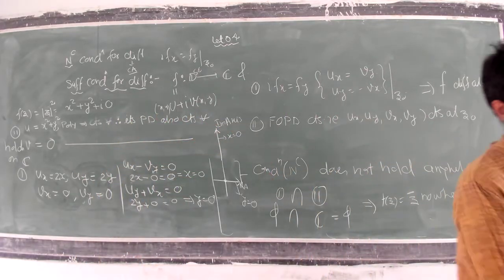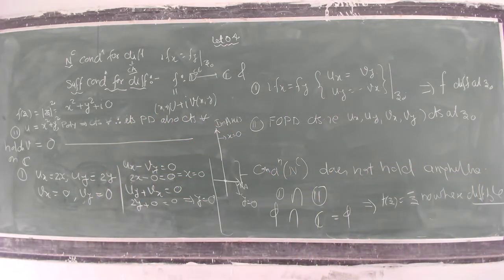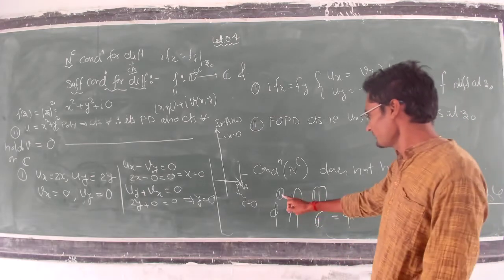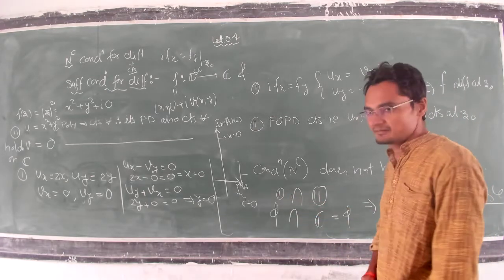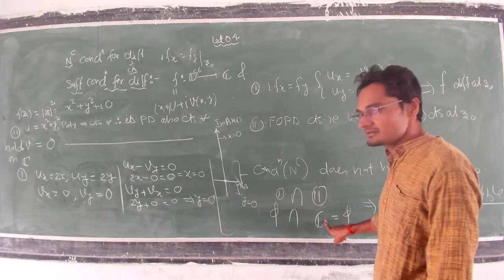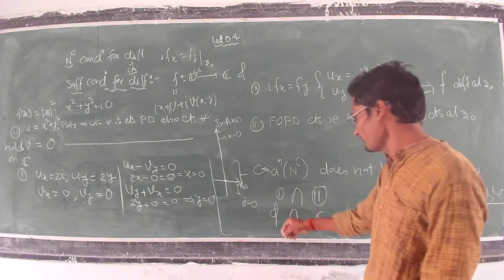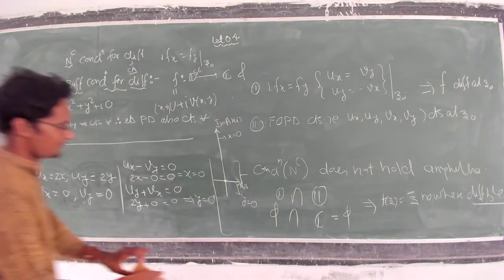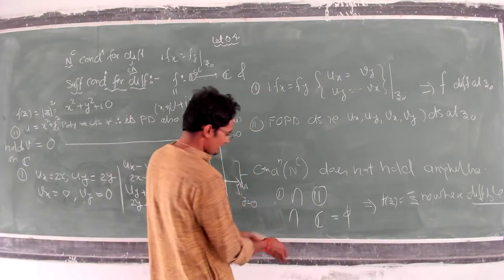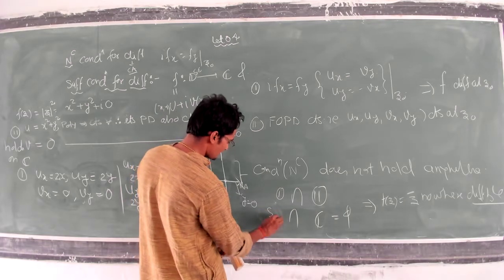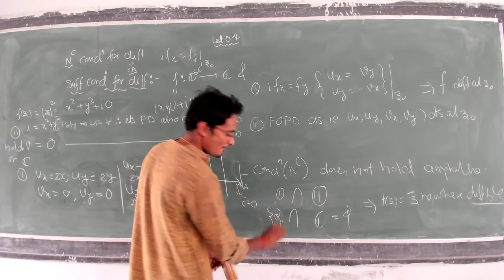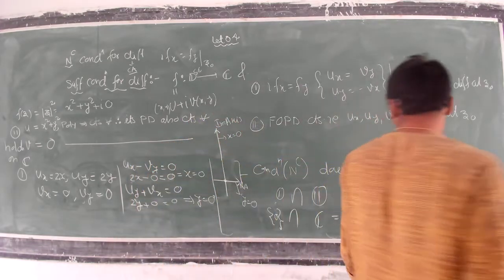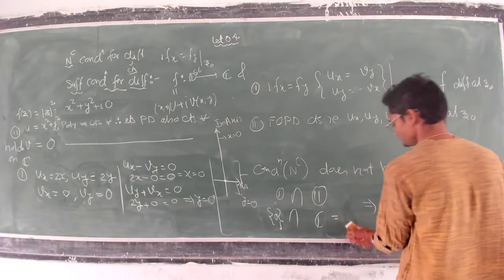Right? The first condition. So we need the intersection of the first condition and the second condition. Second condition is satisfied on C. The first condition is satisfied only at one point. What is that point? It is simply 0. So what did you get?